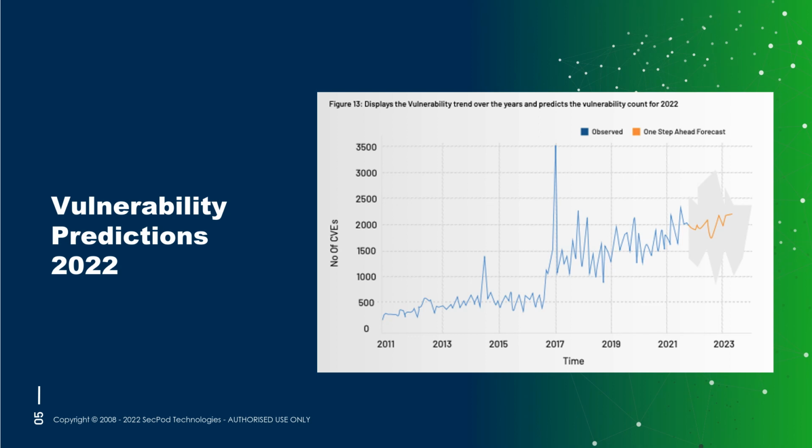So get your copy to go into more detail on what those critical vulnerabilities are, and what you need to do to discover and fix them in your IT infrastructure.